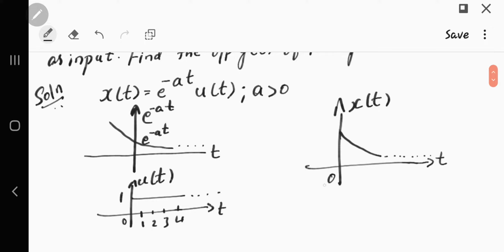At the origin the amplitude of the signal will be 1, because if you substitute 0 for t, it becomes 1 into 1, which gives 1 as amplitude. Later the signal takes e power minus at throughout. So this is x of t.